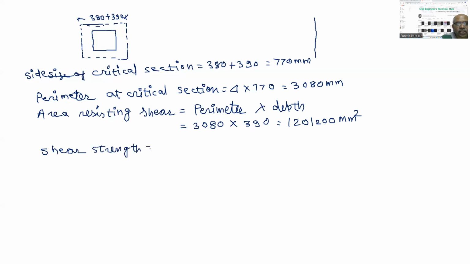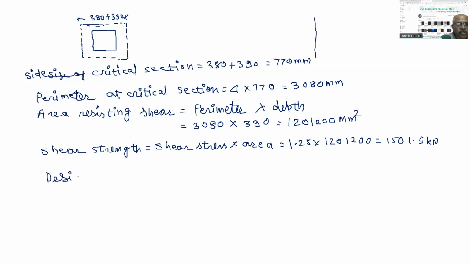And then we have shear strength equal to shear stress into area. Now shear stress we have 1.25, and area we have 120, and we have this value 1501.5 kilonewton, and we have design shear.